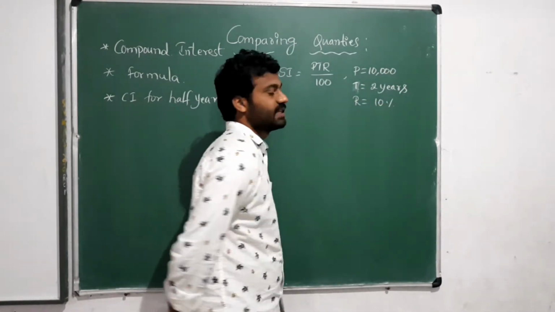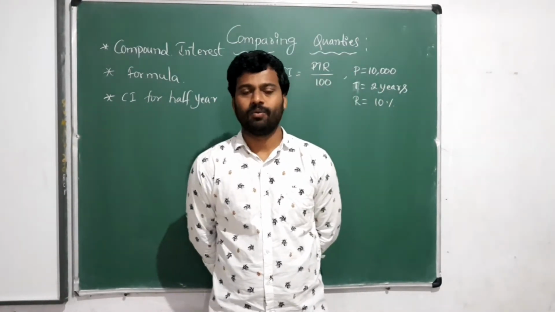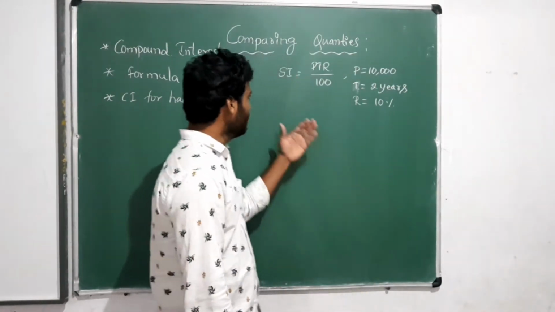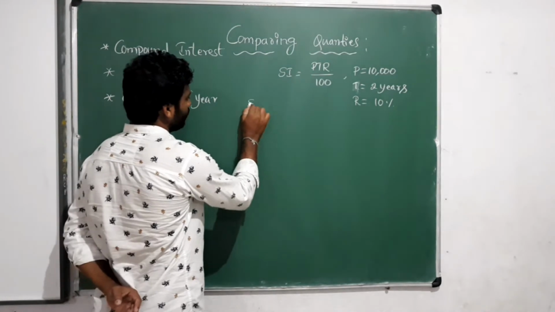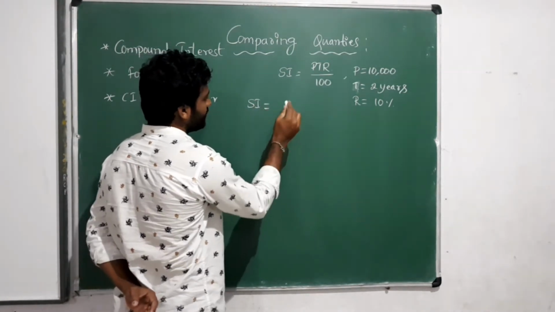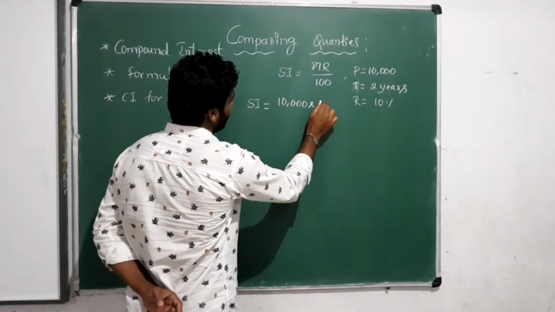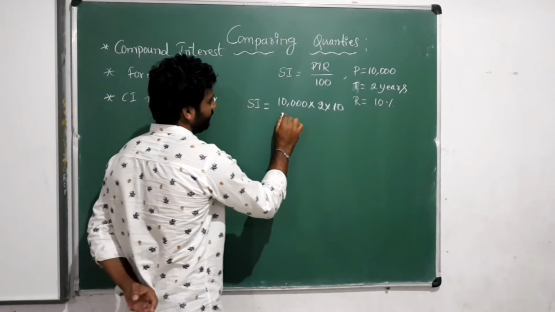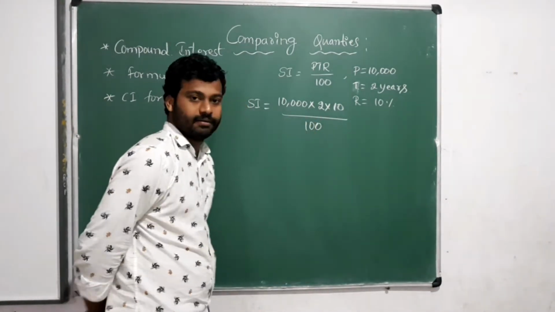Suppose 10% per month, per annum, per 6 months, whatever it may be, but I will take per annum. So what is the simple interest? We will see. Simple interest: principal is 10,000, time is 2 years, rate is 10 divided by 100.